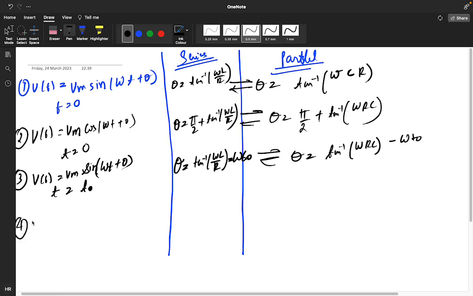And for the fourth case, V of t is equal to Vm sine omega t plus theta at t equals t naught. Oh, this will be cos.